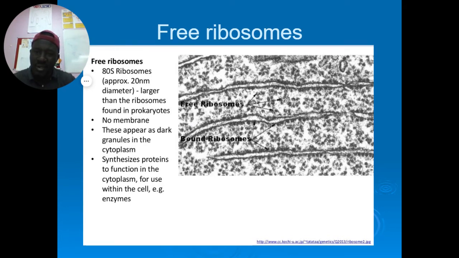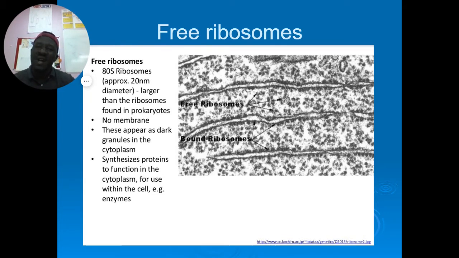They have no membranes, and they appear as dark granules in the cytoplasm. All these dark granules here are ribosomes. Whenever you see ribosomes, just know you are talking about protein synthesis. The role of ribosomes in any cell is protein synthesis.